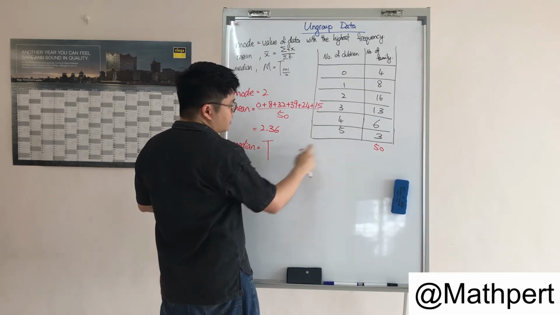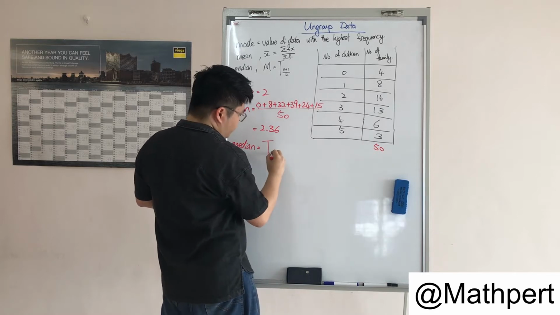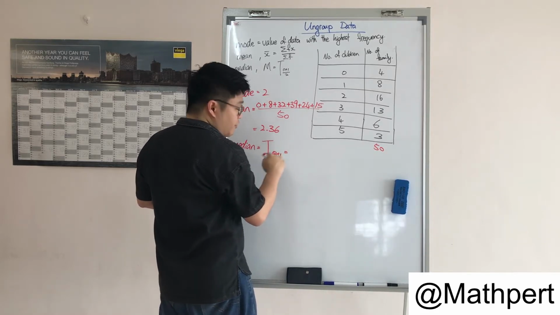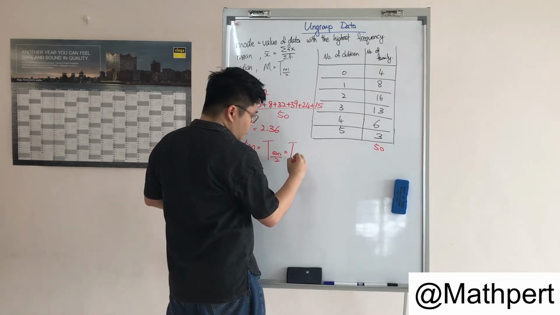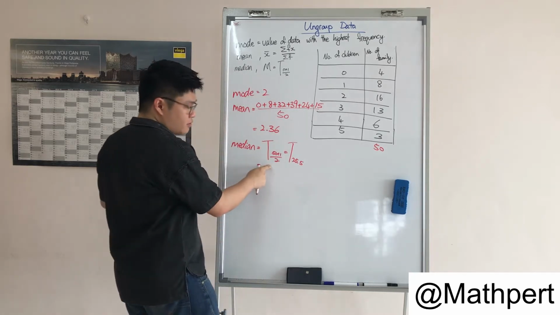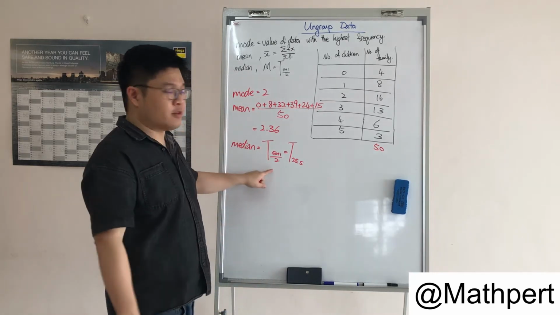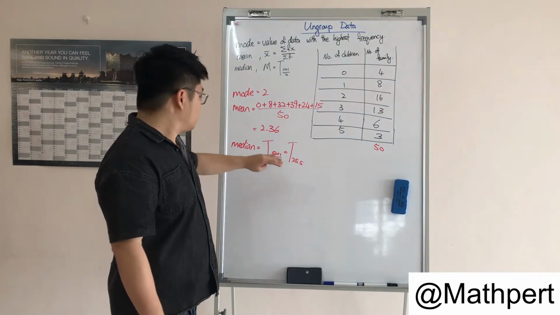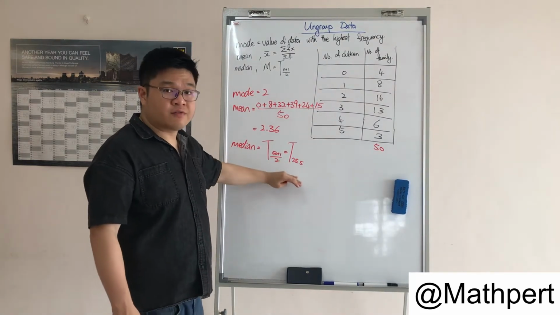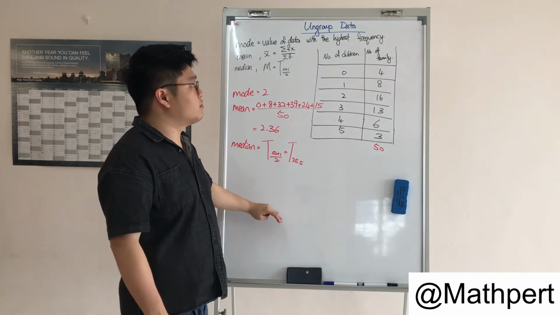n is equal to 50. So 50 plus 1 divided by 2 is equal to 51 divided by 2, which is 25.5. So the median is in between the 25th term and the 26th term.